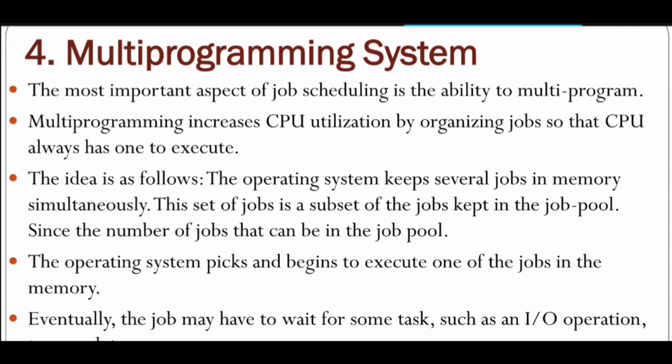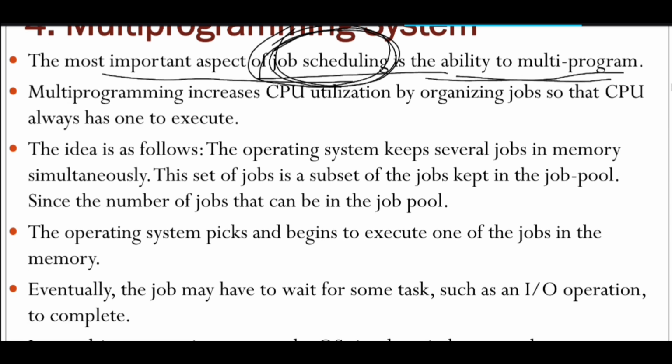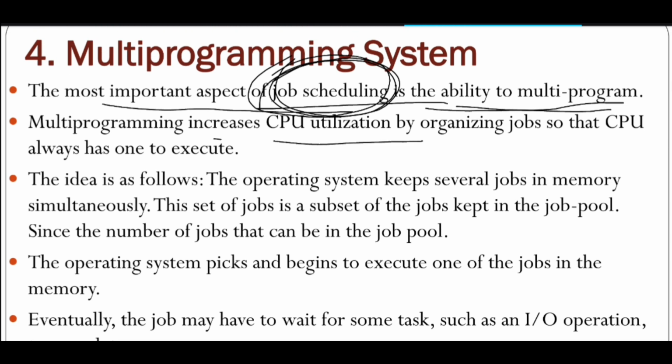The most important aspect of job scheduling is the ability to multi-program. Job scheduling is introduced here. CPU scheduling, disk scheduling, process management, all these are introduced in the multi-programming system. Multi-programming increases CPU utilization by organizing the jobs so that the CPU always has one to execute.